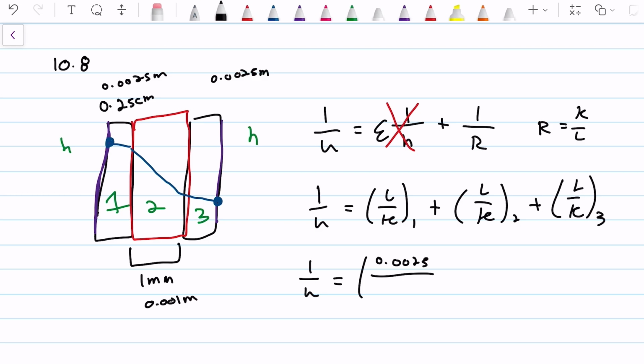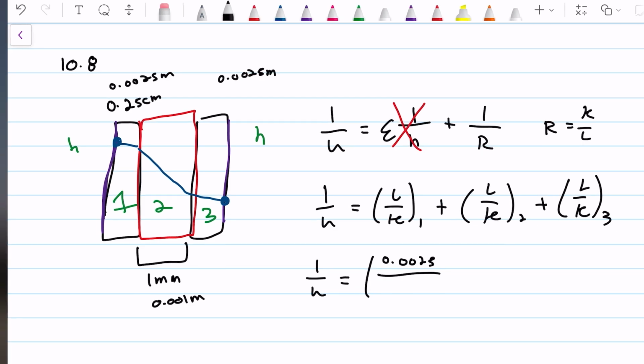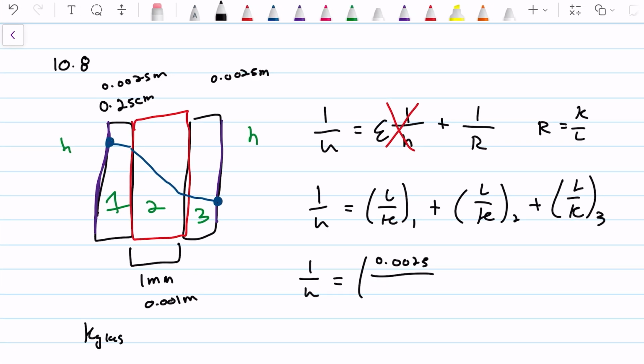So 1 over U becomes 0.0025 meters over, let's see, they told us earlier, what is K of glass? K of glass, we're going to call 10. They defined that in problem 10.1 because they were using the same materials. So 10, the length here is 0.001.